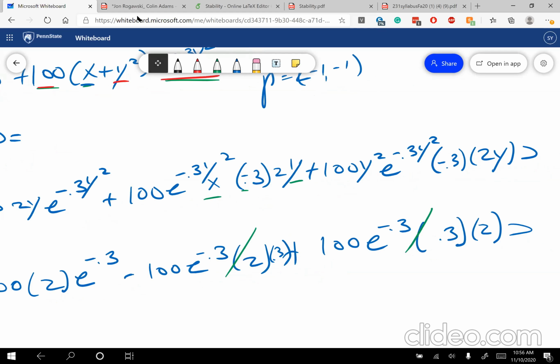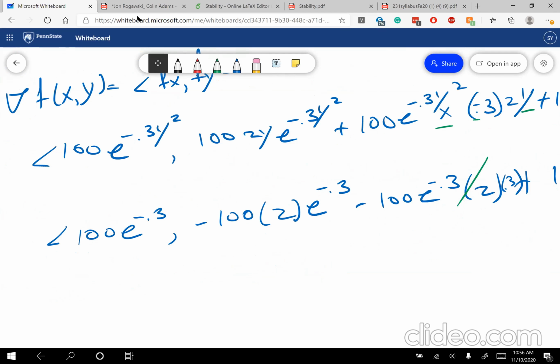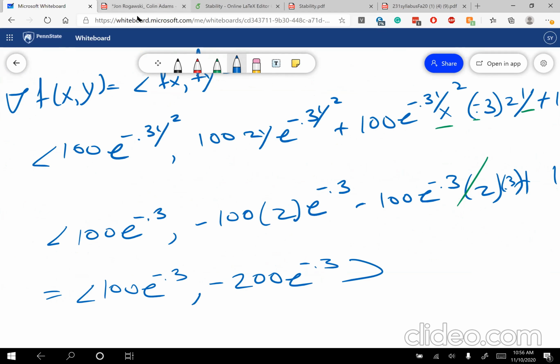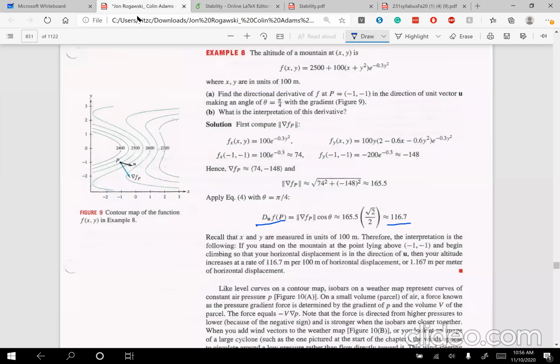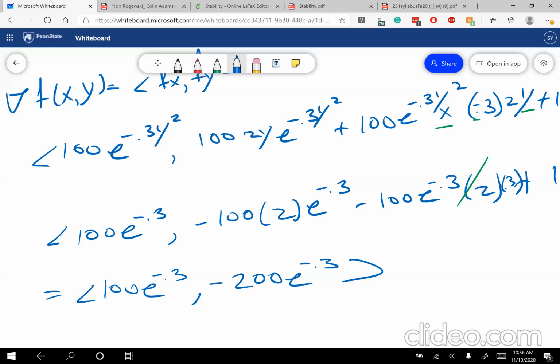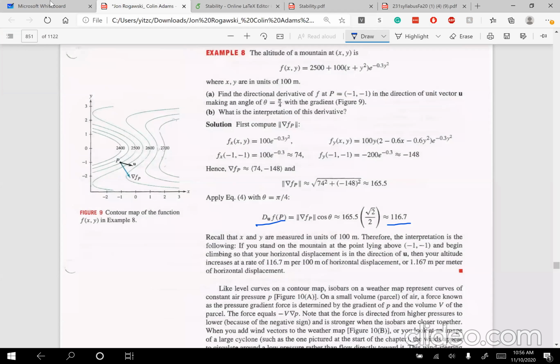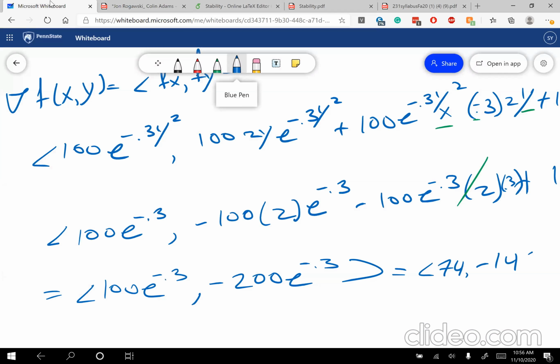And we are going to end up getting 100 e to the negative 0.3 and negative 200 e to the negative 0.3. And so the first one is 74 and the second one is negative 148. Okay, so this is our gradient. Any questions about this so far?